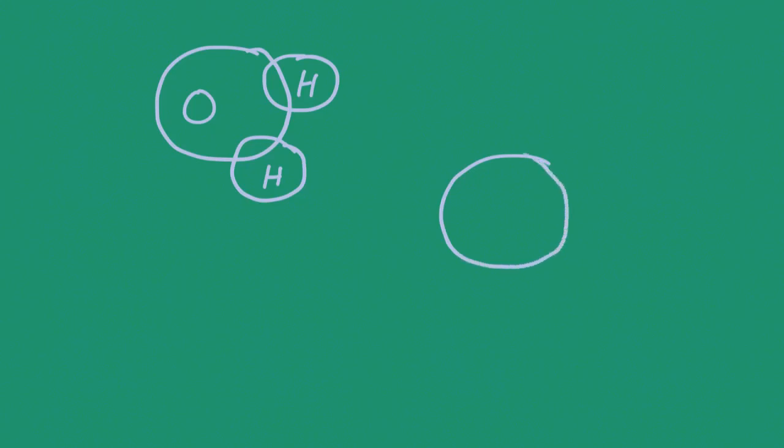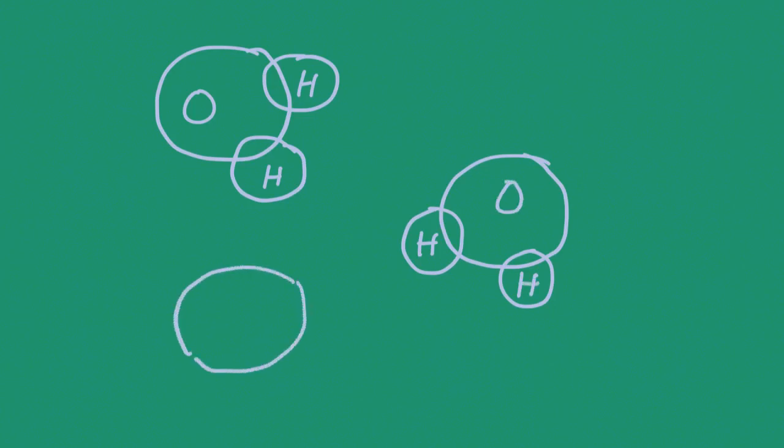Let's take a look at the arrangement of water molecules and the bonds that are formed between the water molecules. What holds the water molecules together? So here we have 3 water molecules with their oxygens and their hydrogen atoms.